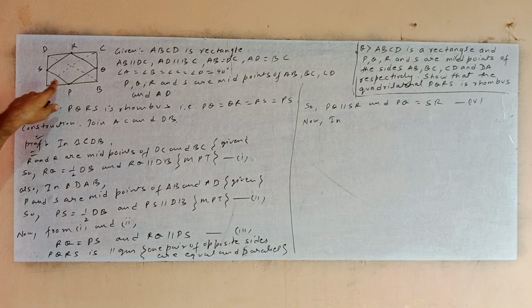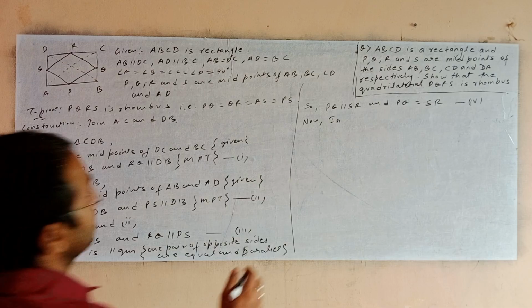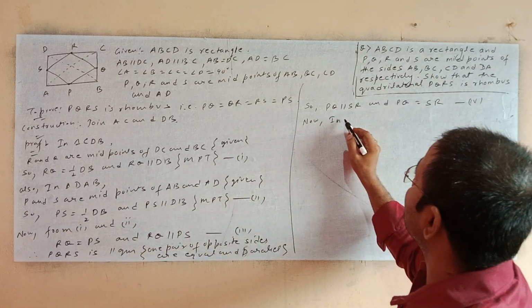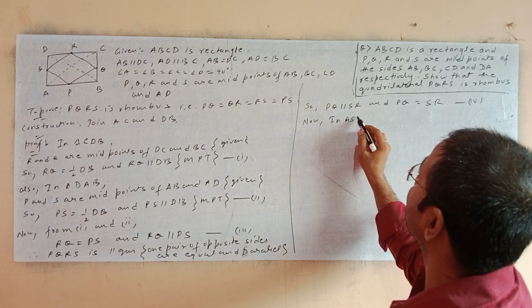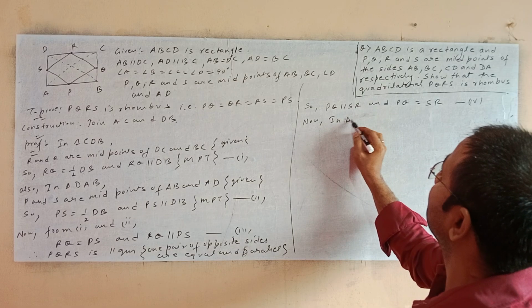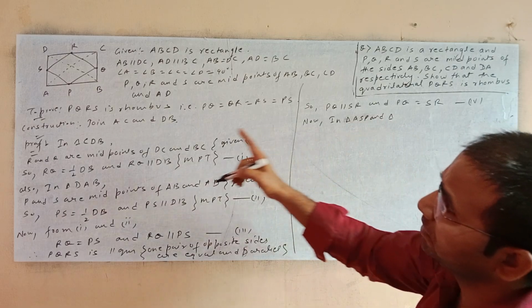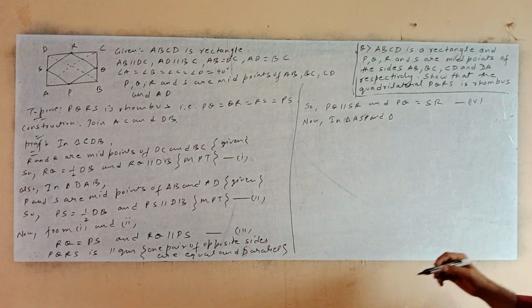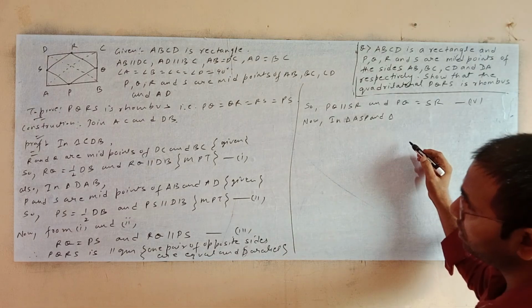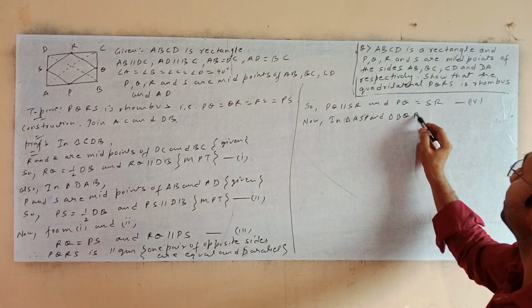So how will you make PS equal to PQ? You will make this triangle congruent to this triangle. Now consider triangle ASP and triangle BQP.